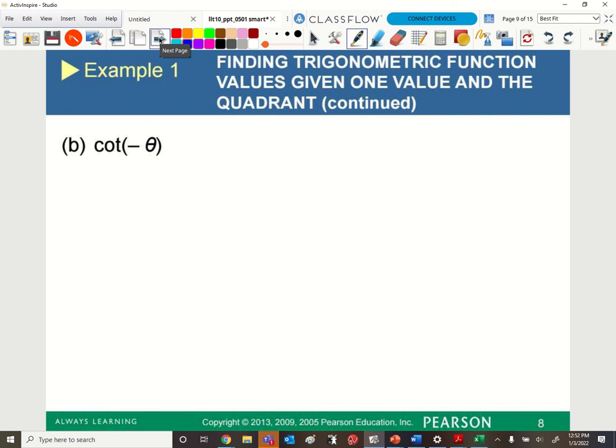What is cotangent supposed to be? X over y. So my x value, what was my x value? Over y, right? Okay. And given that, what do I need to do now? Put a negative out there, right? And 2 negatives make it a? Thank you. So my answer is positive 3 over 5.